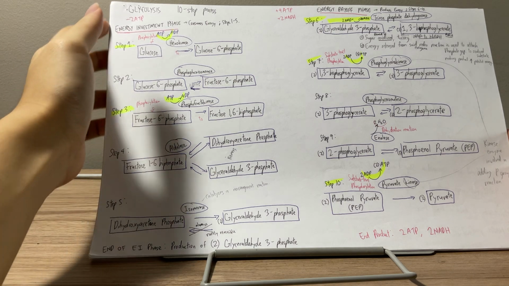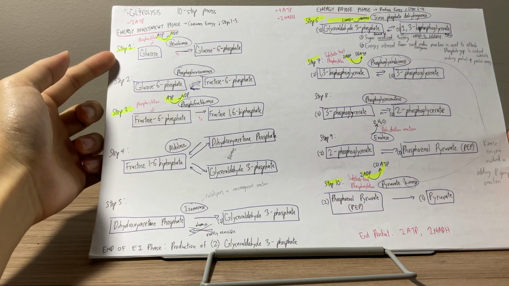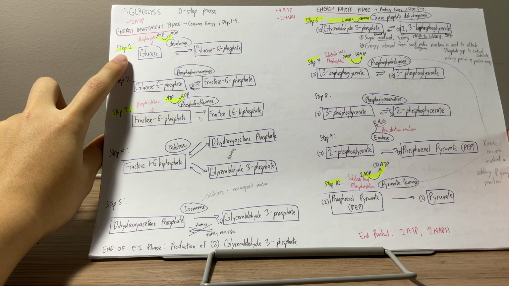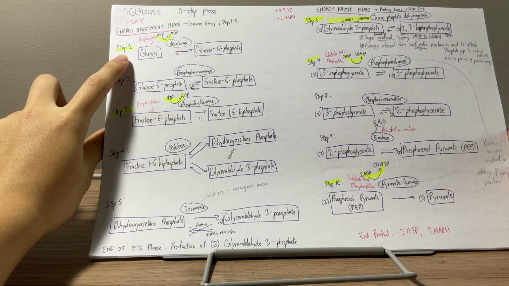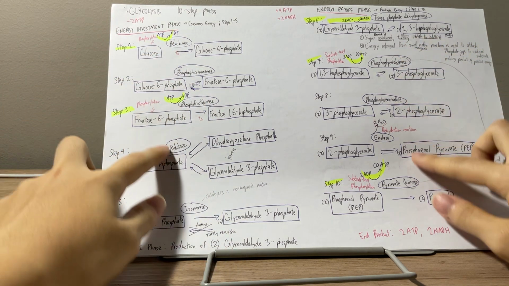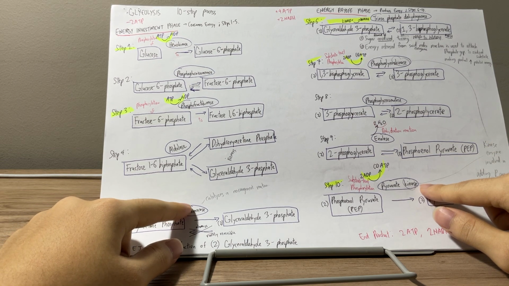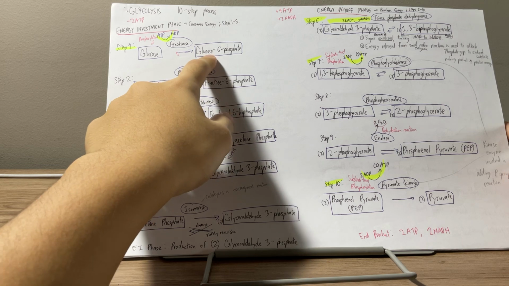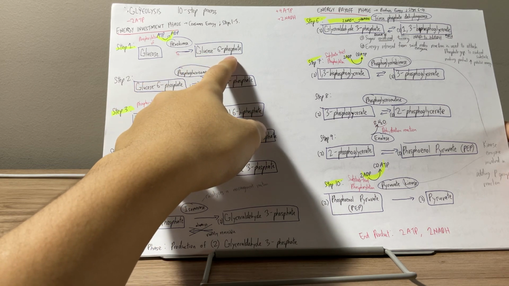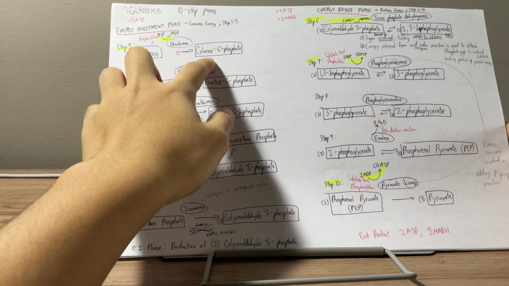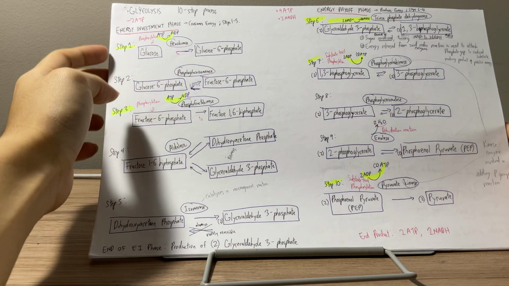So this consists of steps 1 to 5. For step 1, coming from glucose, I'm not sure what the encircled terms are supposed to mean. But yes, from glucose to glucose 6-phosphate, the enzyme that carries out the process is hexokinase for step 1.